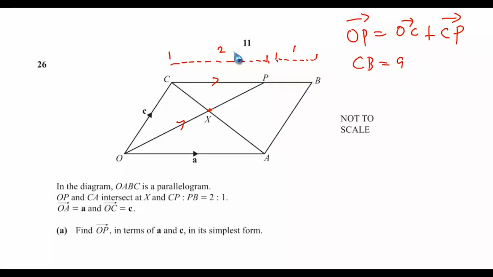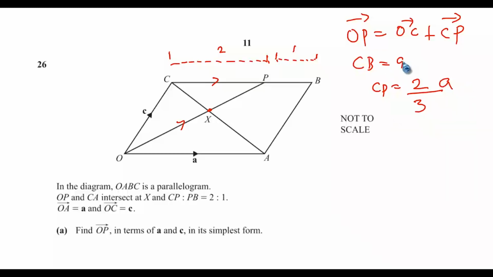So using the given ratio, the total ratio is 2 add 1, that is 3. So CP will be equals to the ratio of CP, 2 over total ratio, that is 3, multiplied by vector A. So this will be CP.